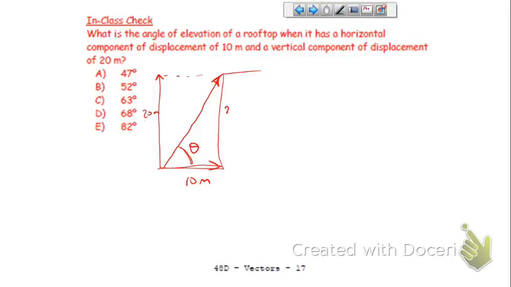Well, if that's 20 meters, tan theta equals opposite over adjacent, which equals 20 over 10, which equals 2. So theta equals tan to the minus 1 of 2. Second tangent, 2, and I'm getting 63.43 degrees.